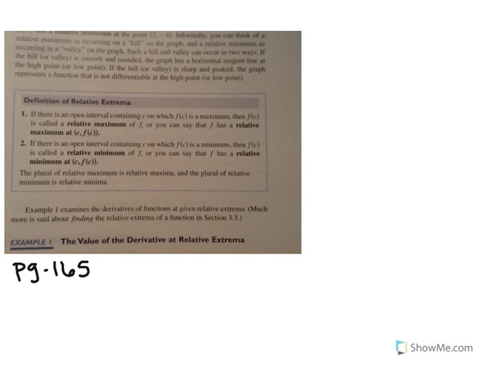Or you can say that it has a relative maximum at that point. And then the same thing goes for a minimum, and that just means that it's relative because it's only relative within that interval. It's not the absolute minimum of the entire function.